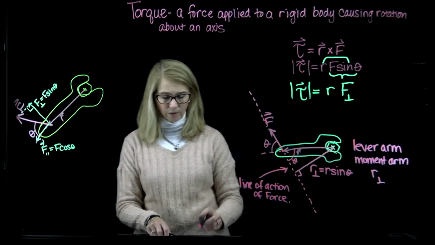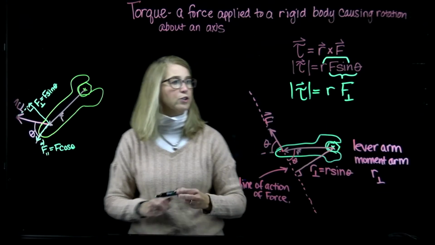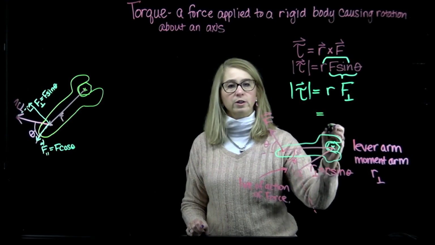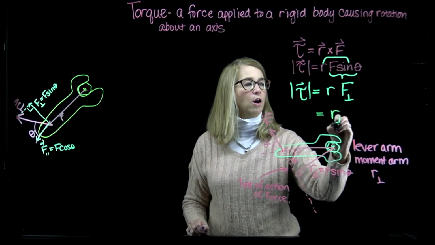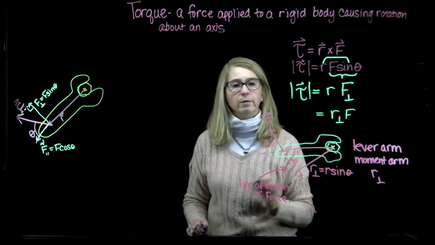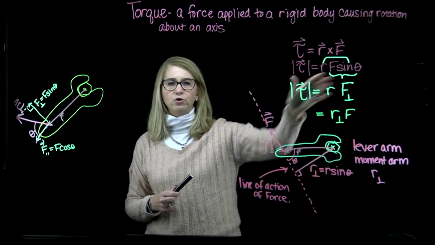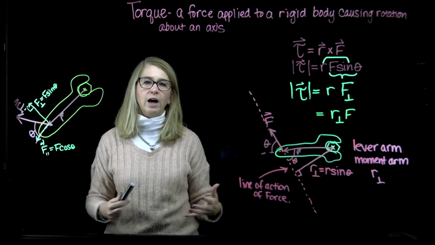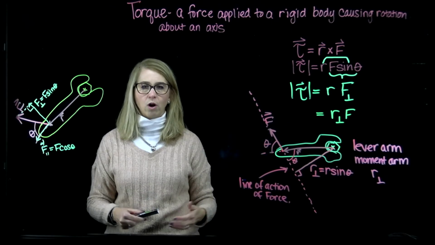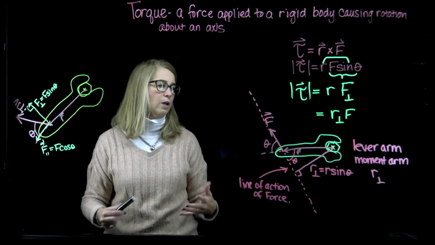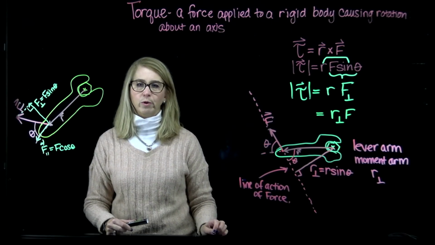And so another way that we can express this torque expression is as R perpendicular times force. And so it's two different ways to interpret this general expression of how we calculate the magnitude of a cross product. And so I wanted to show you how we interpret both of those.